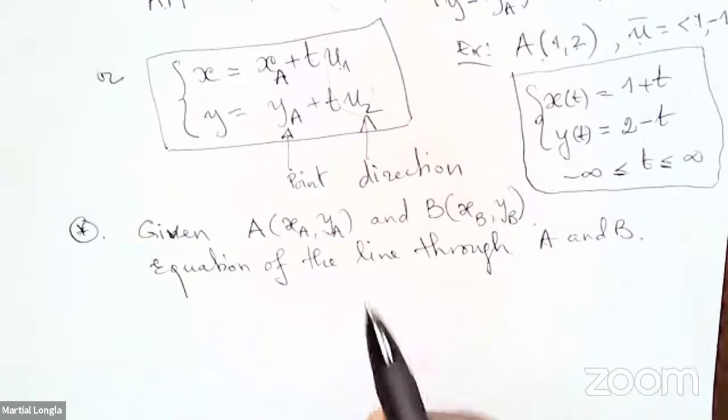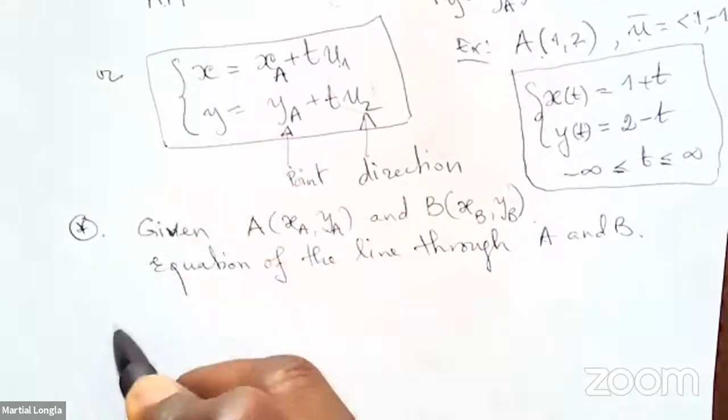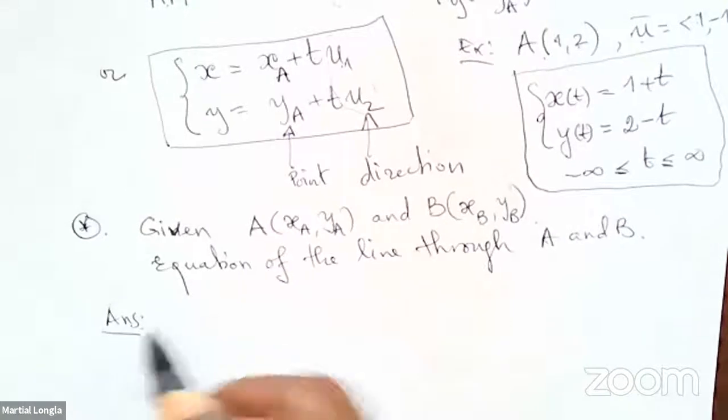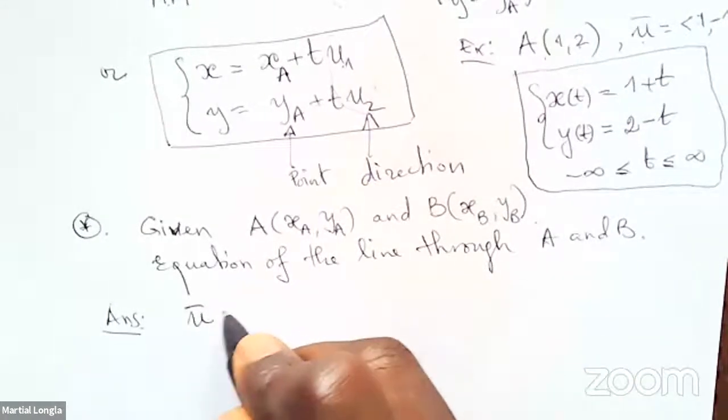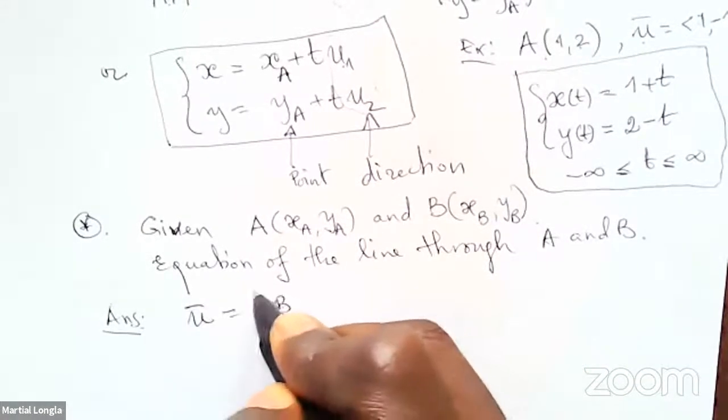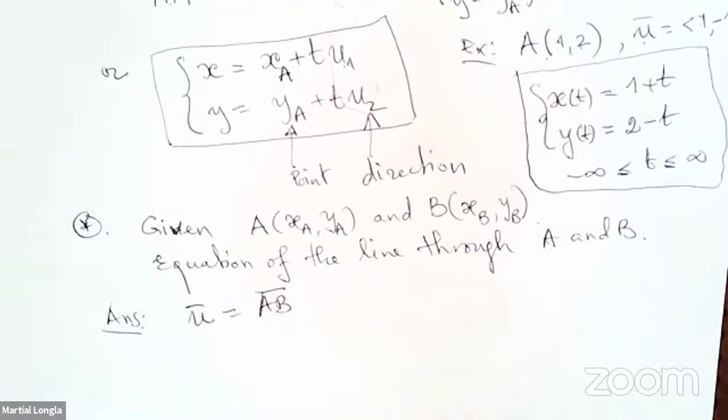So this problem turns into the first one by making sure you define U as the vector AB, U being the direction of a line. If I take any 2 points on a given line and I join them, then I obtain a vector that is the direction of that line.